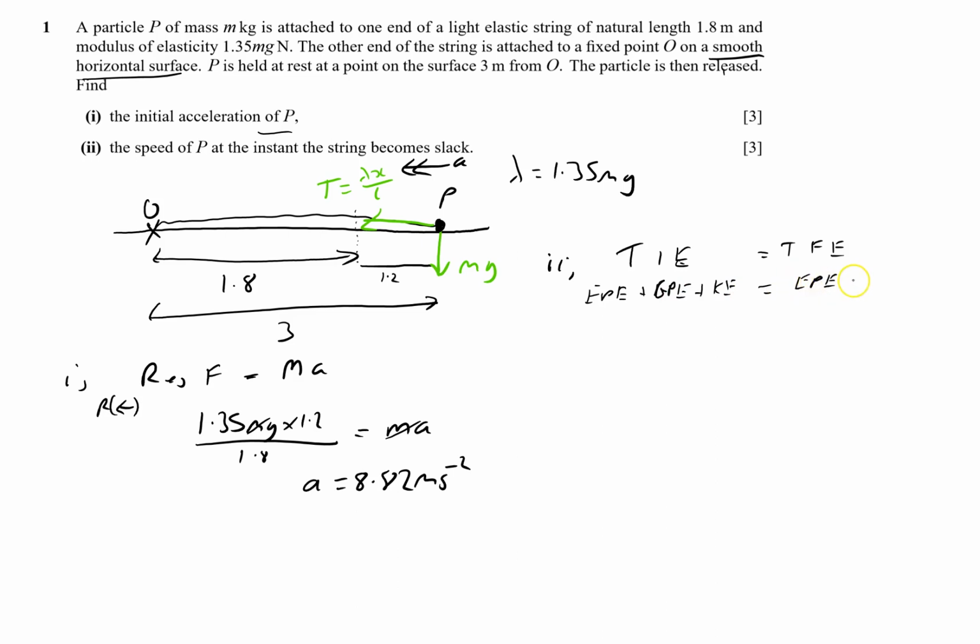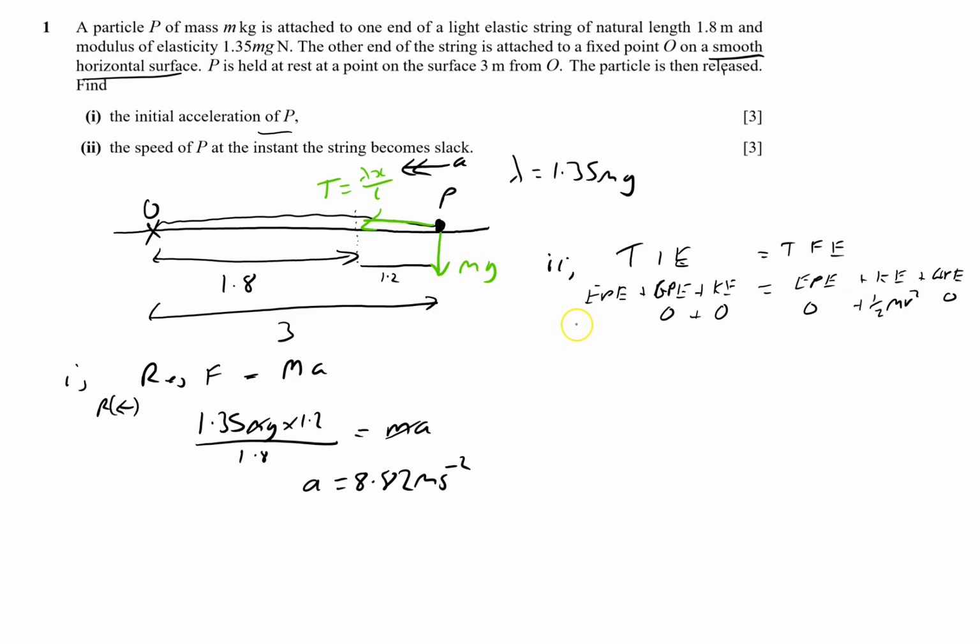Elastic potential energy plus kinetic energy plus gravitational potential energy. It's all on the same level, so the mgh is going to be 0. It's released from rest, so the kinetic energy is 0, and the final elastic potential energy is going to be 0, and we're going to get half mv squared is what it turns into.